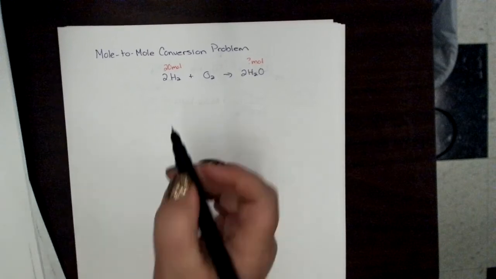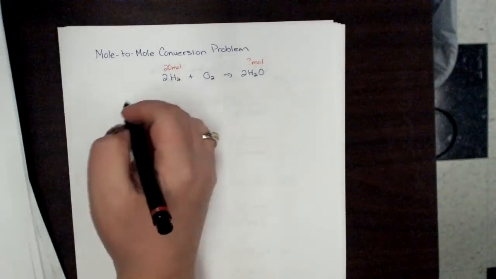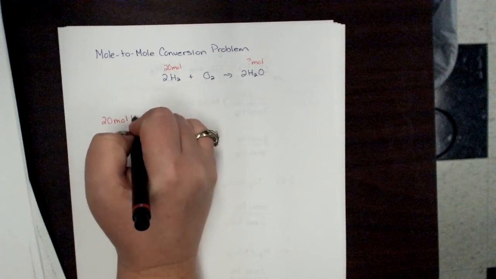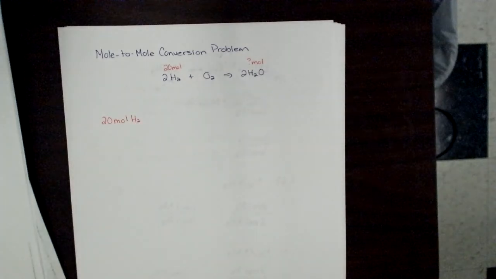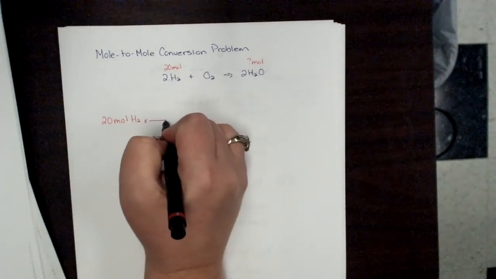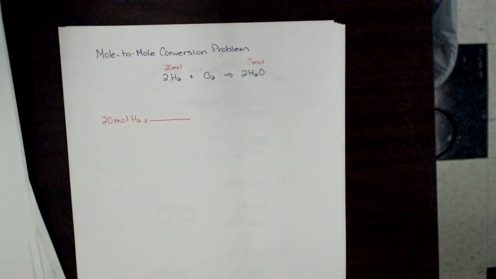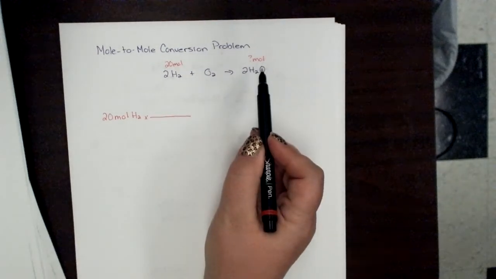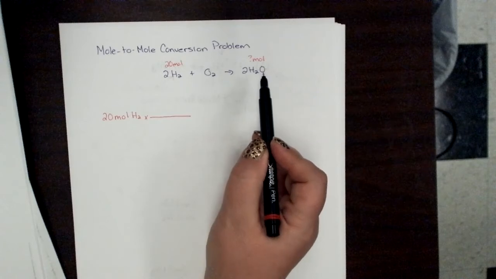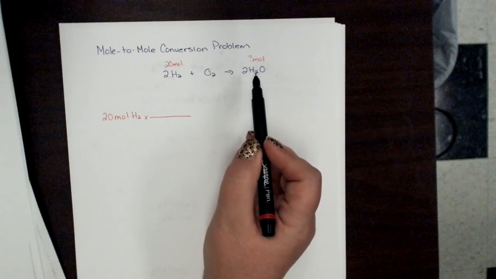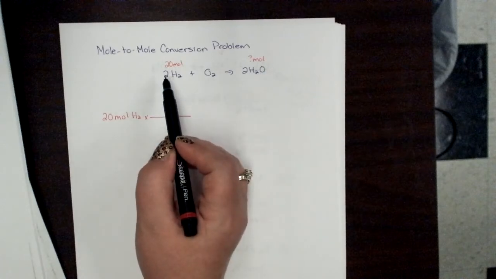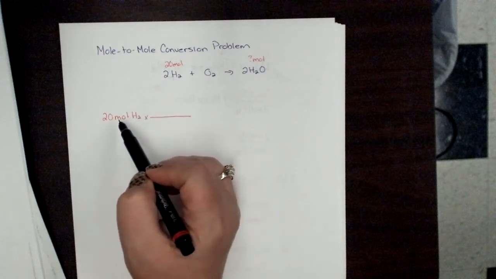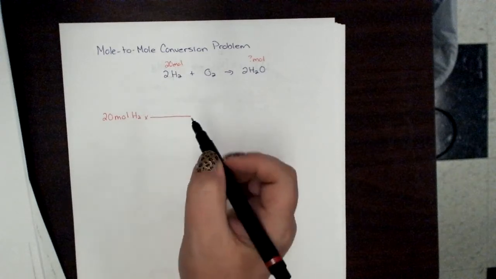So we're going to start with our given. So down here, I'm going to write 20 moles of hydrogen. And now I need to bridge the gap between hydrogen and water. And the way that I do that is my mole-to-mole ratio. So I need to put my moles of hydrogen on the bottom so that I get rid of these moles of hydrogen.